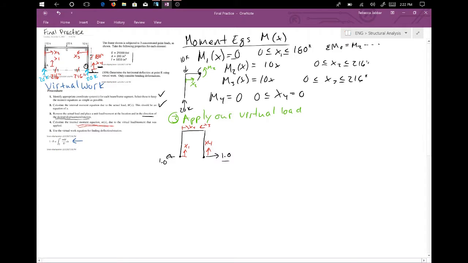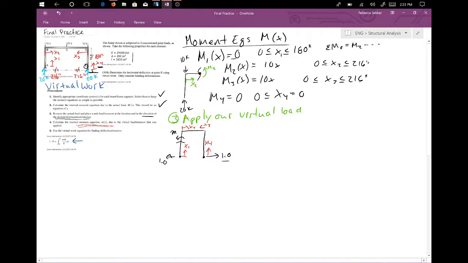So if we look at member AB, which is this guy right here, we see we now do have a non-axial force, which would create a moment. So if we section cut somewhere right here, poor drawing of a moment, but let's just visualize we're cutting right there and we want to sum the moments.